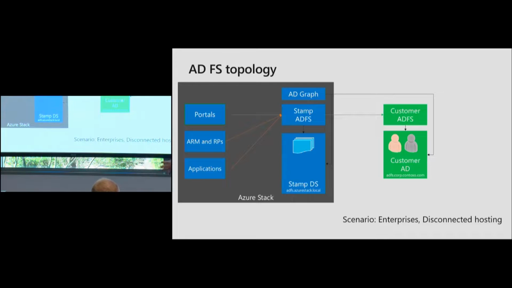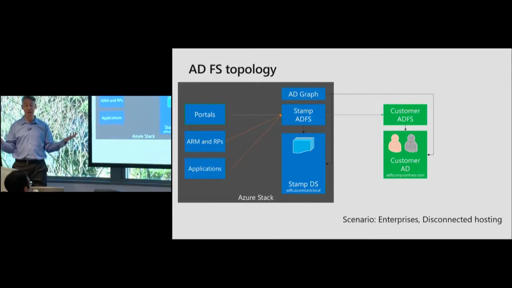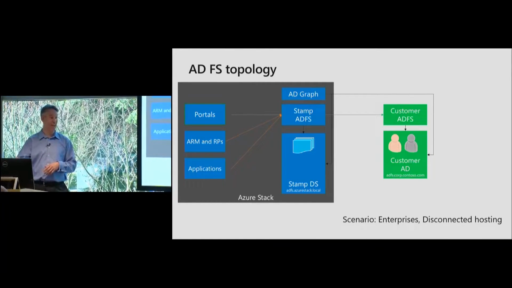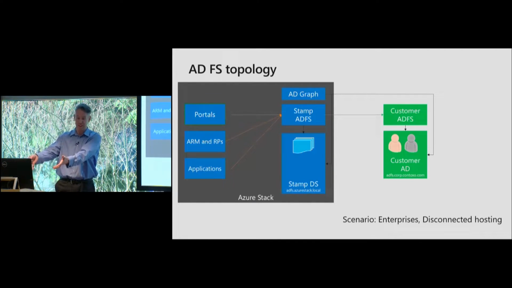Now, Azure Stack could quite happily start itself up without contacting this external, the green Active Directory. It'll start up because it's got enough internal structure to run all its VMs. So you can turn it on and it will start up with that Active Directory not being available. All the user workloads running in there can also start up. But if anyone needs to go to use the portal or connect to the ARM endpoint, that's not going to work without you providing your identity.